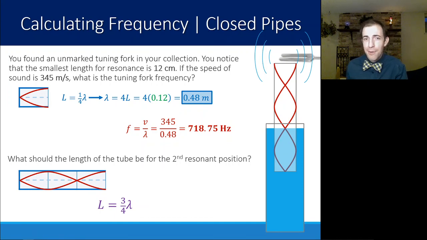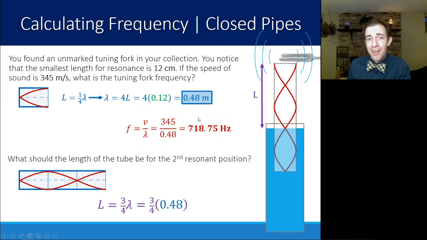I could also work backwards and figure out the wavelength from the frequency of the tuning fork I just calculated, but it would come out to 0.48 anyway. So that means it's basically going to be just 3 times longer than the tube was initially. So 0.36 meters, 36 centimeters. 12 centimeters, 3 times that would be 36, because we went from a quarter of a wavelength to 3/4 of a wavelength.